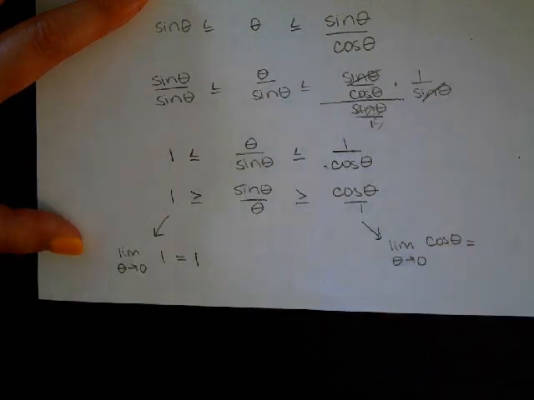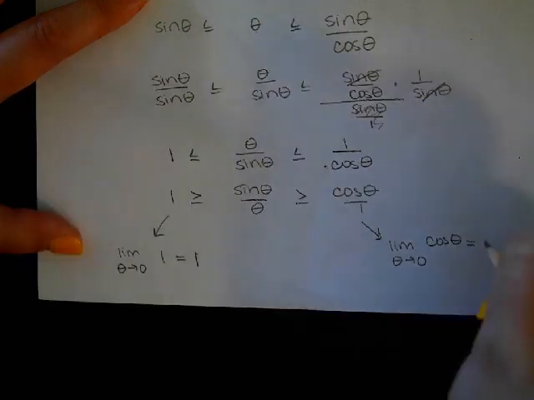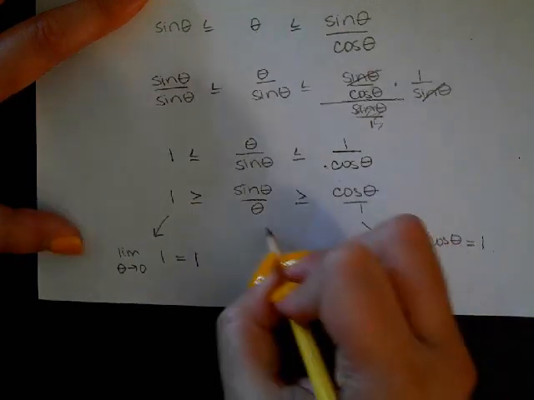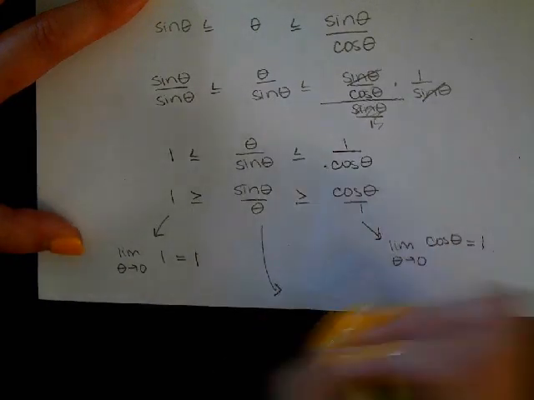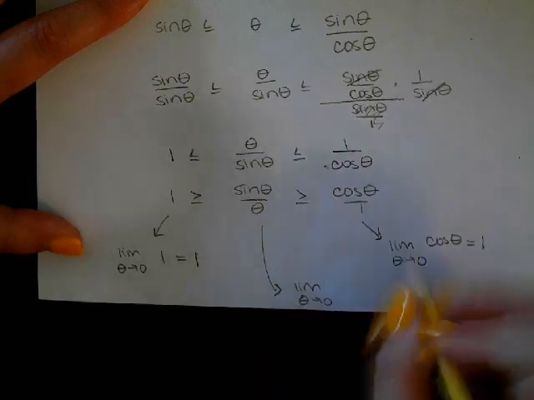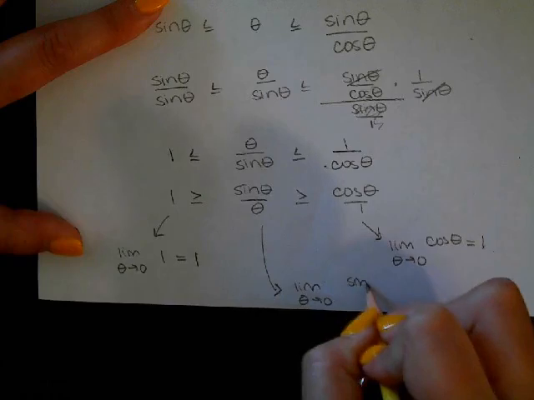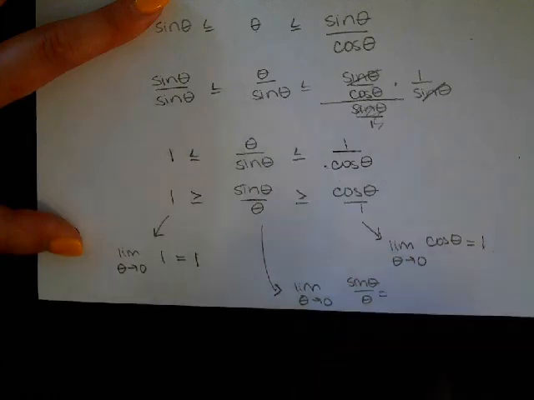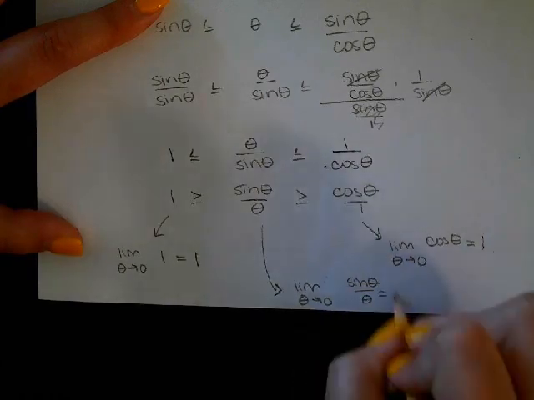And so what is our conclusion? The limit as theta goes to 0 of sine theta over theta is 1. That's our conclusion.